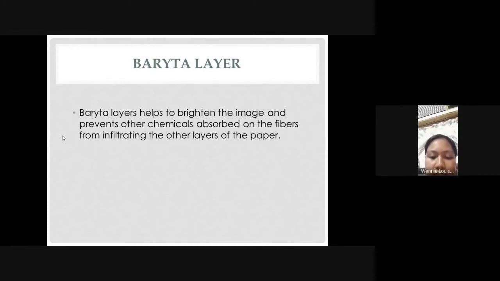So, there are two functions of the baryta layer. It brightens the image, and it prevents other chemicals from being absorbed in the other layers. Next.